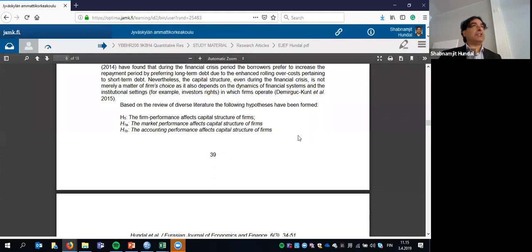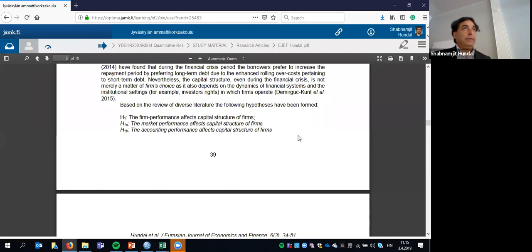Because before I reached this conclusion, I did a review of literature. When you read diverse literature, you are in a position to create some theoretical relationship between variables. When I read this literature, the majority of it said that firm performance affects capital structure of the firm. You know what? I've been diplomatic here.